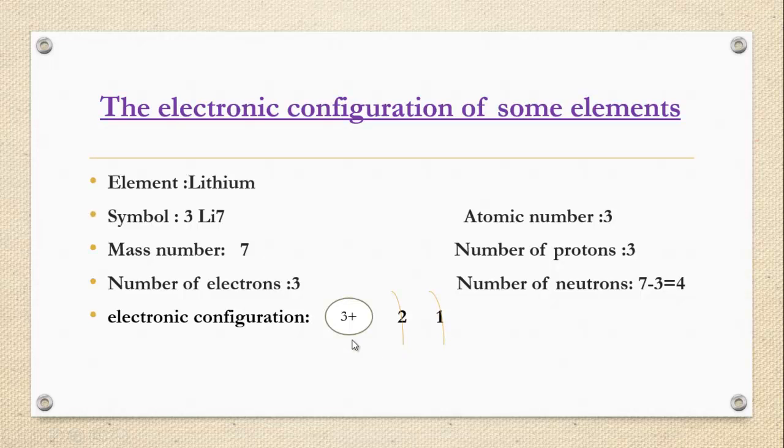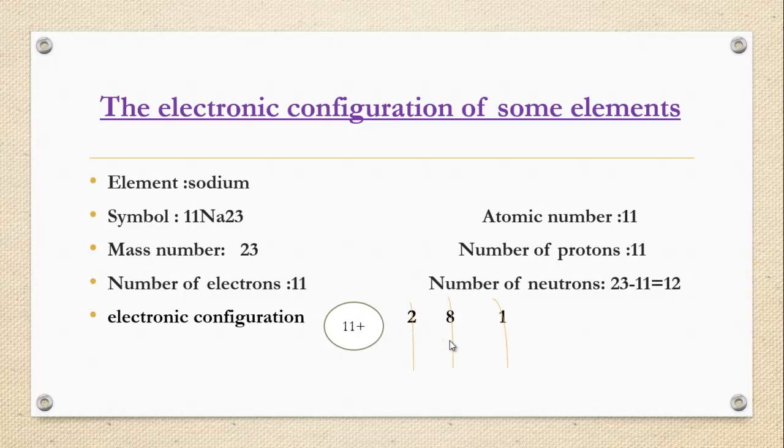Again, the nucleus contains 3 protons, and you will configure 3 electrons. The K level is saturated with 2 electrons. 3 minus 2 equals 1. You will put 1 electron in the L level. So the K level is saturated with 2 electrons, and what's left? 1 electron, so 1 electron in the L level.